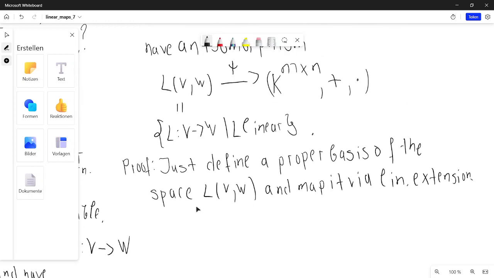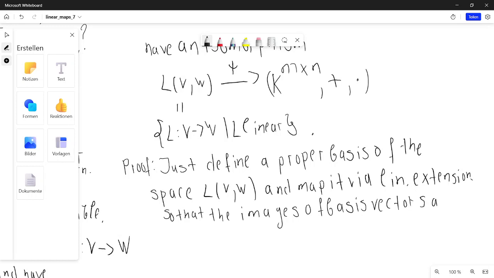Proper basis of the space of V, W and map via linear extension so that images of basis vectors are respective standard basis vectors, that is matrices with one entry 1 over entries of 0, and of course any entry would be one time in the whole of the basis, right?